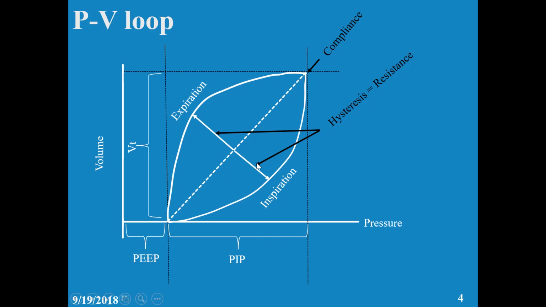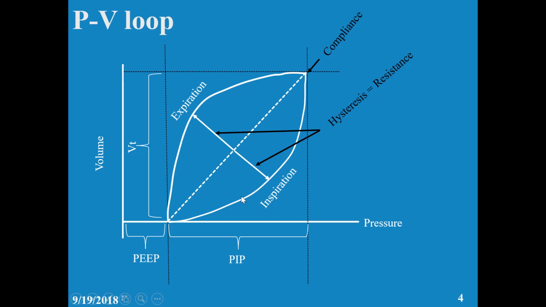Once it goes down, we are giving more pressure but getting less volume. Once it moves up, we are giving less pressure but getting more volume, so improved compliance. The dotted line from here to here is the compliance.